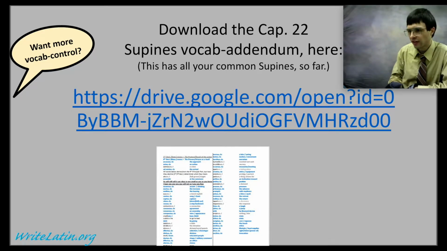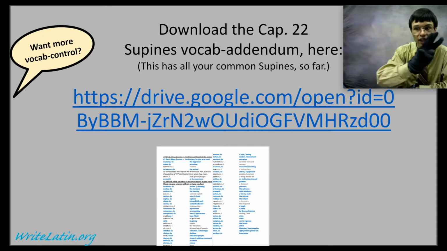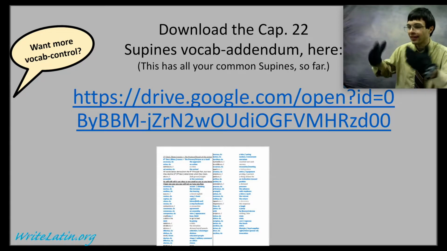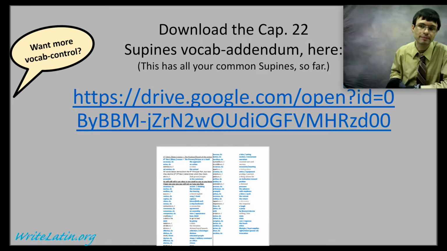All right, so this is all your supines so far as of chapter 22. Now, why are these your supines? Well, because these are all the verbs which you have had so far. And remember, last chapter, in chapter 21, we learned the third and, more importantly, fourth principal part. And so anything that has a fourth principal part could now have a supine.